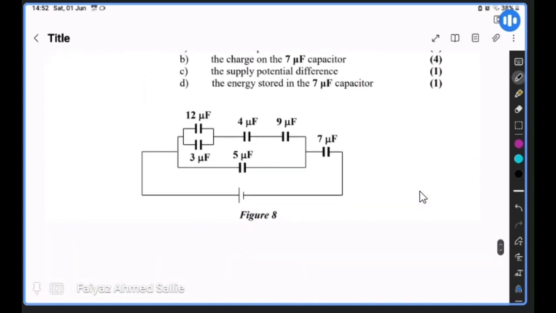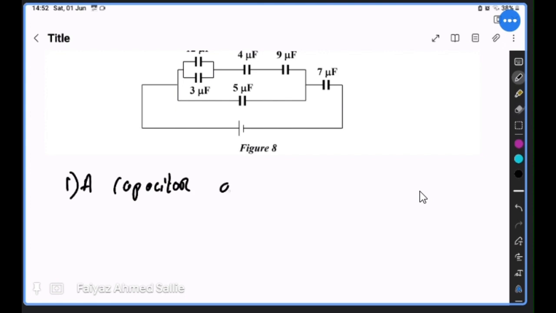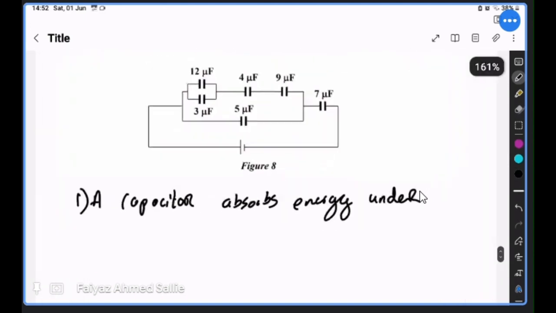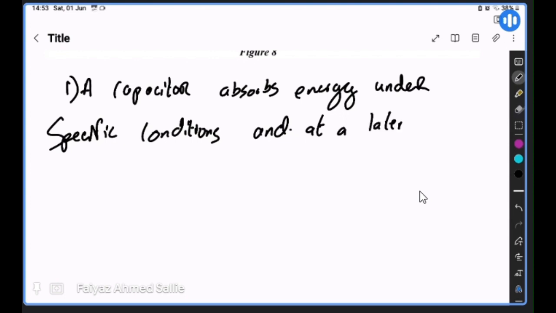So I am searching for the definition of this question, and it says a capacitor absorbs energy under specific conditions and at a later stage.